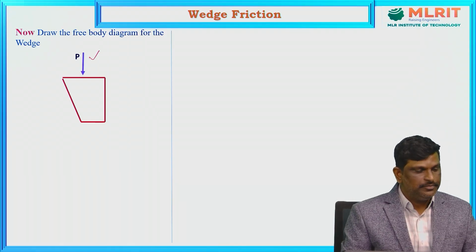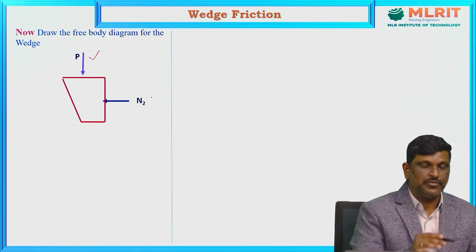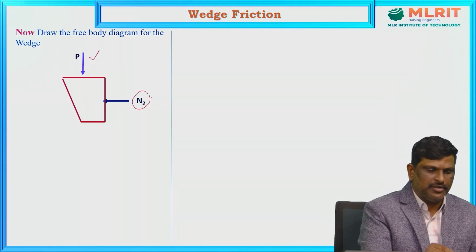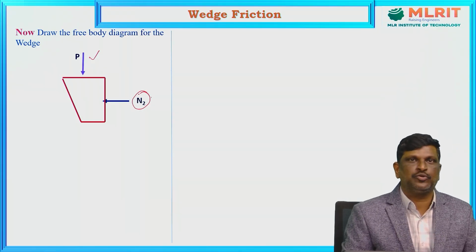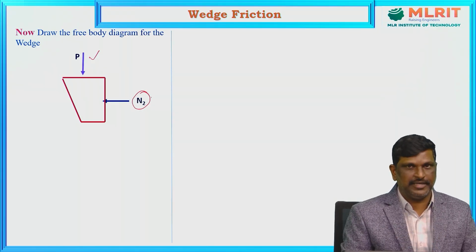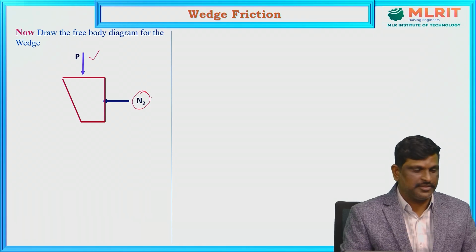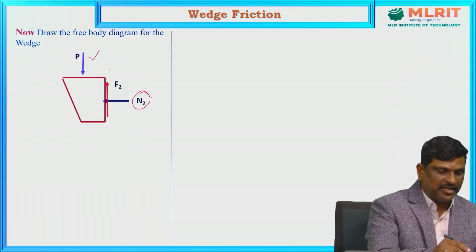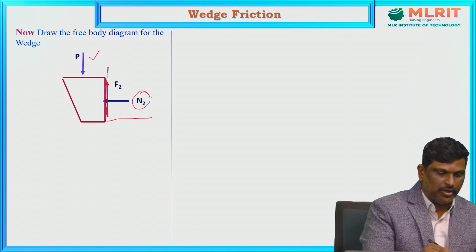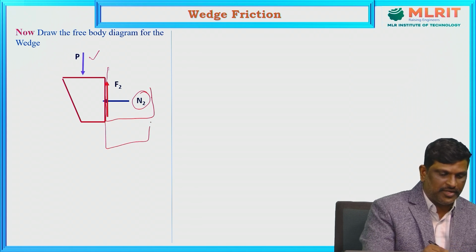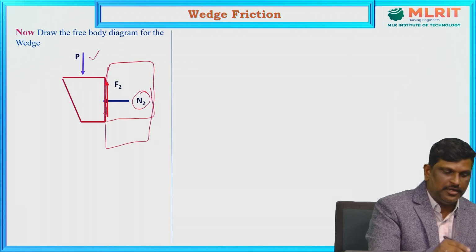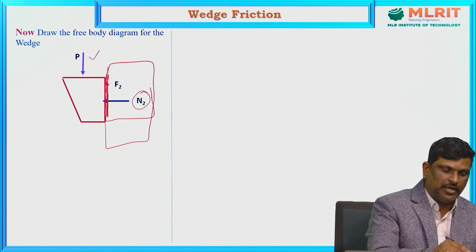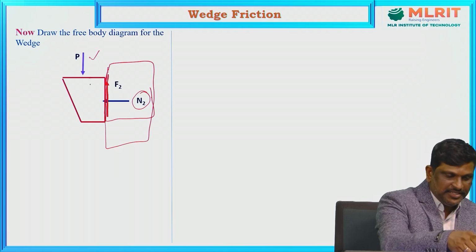Now, the normal reaction from the block is N2, which we have already calculated in the previous slide. And the friction: see, now the wedge is rubbing against the wall or surface of the block as it moves downwards.